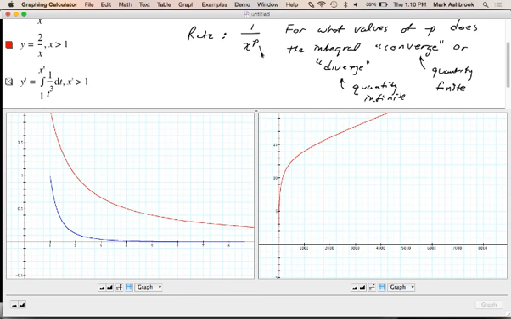So the question is, for what values of p? We saw when p was 3, it converged, right? That was the blue one. When p was 1, it diverged. So what's the breaking point? For p equal to 1, it will diverge. Anything bigger than 1, and we could show that, we don't have time, when p is anything greater than 1, it converges.